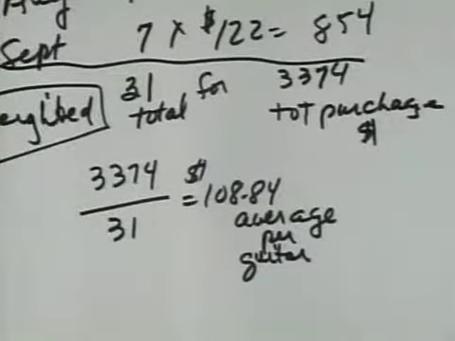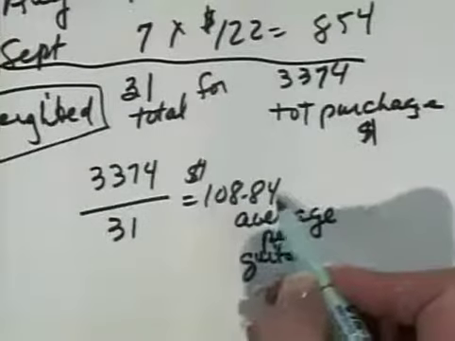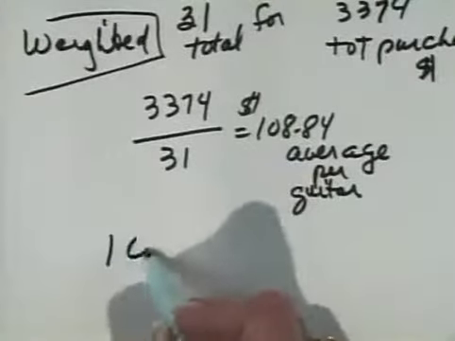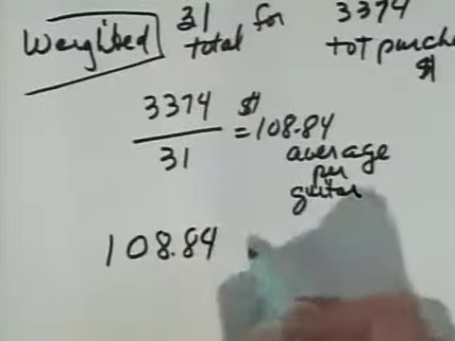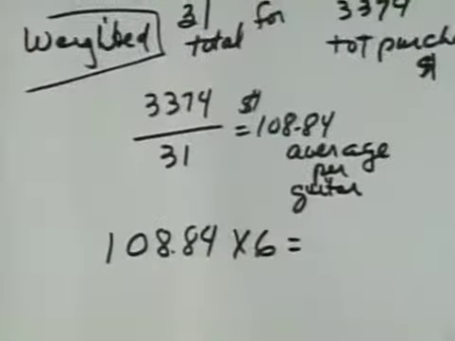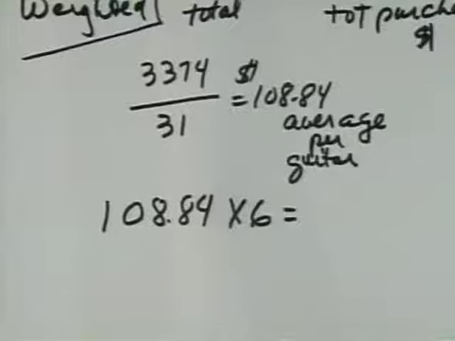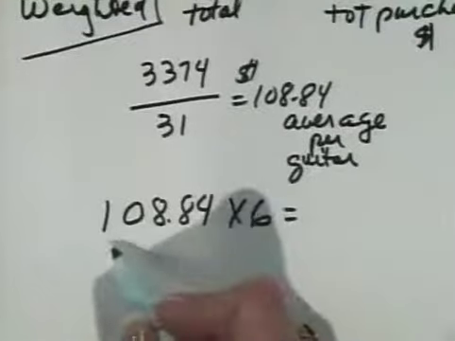Cool. And how many guitars does he have left at the end of the year? 6. Okay. So for the weighted average, we will say our ending inventory is $653.04.